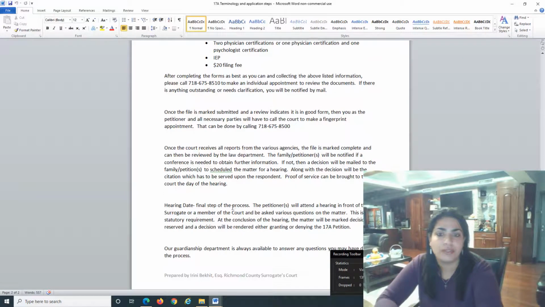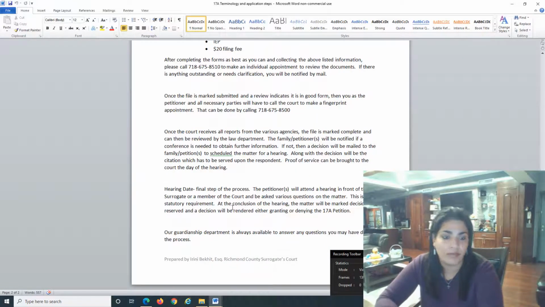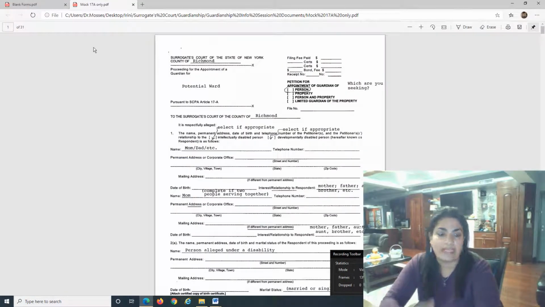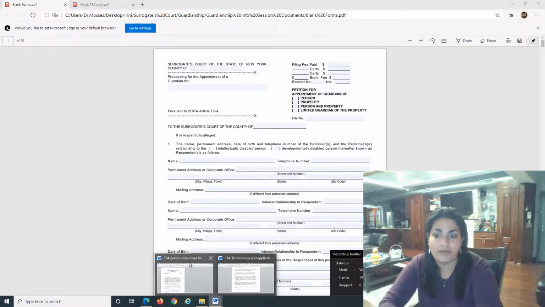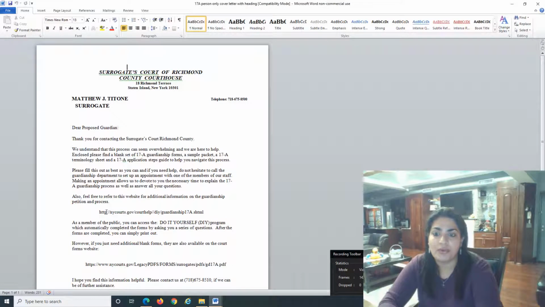Now what we're going to do is go through the paperwork that you have to fill out. Again, in the email that you're receiving, you're getting two sets of forms, the mock forms and the blank forms. You can always get more blank forms if you go to the New York courts, this website right here, or this website right here.